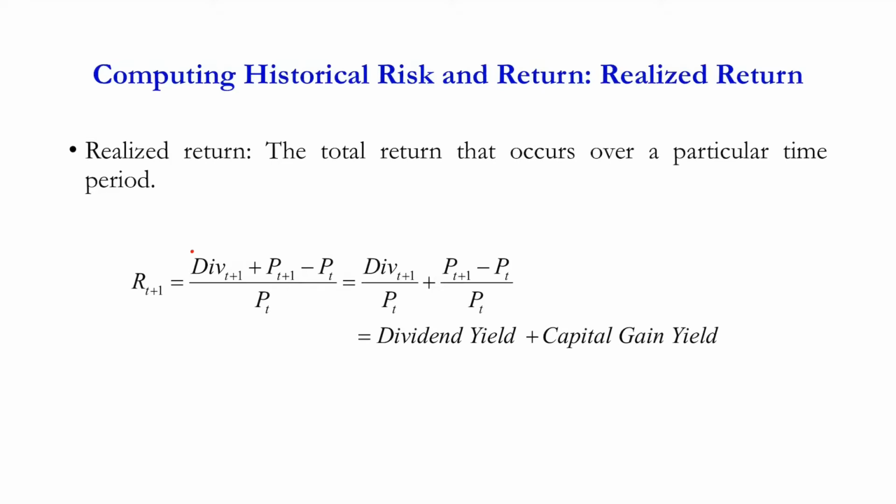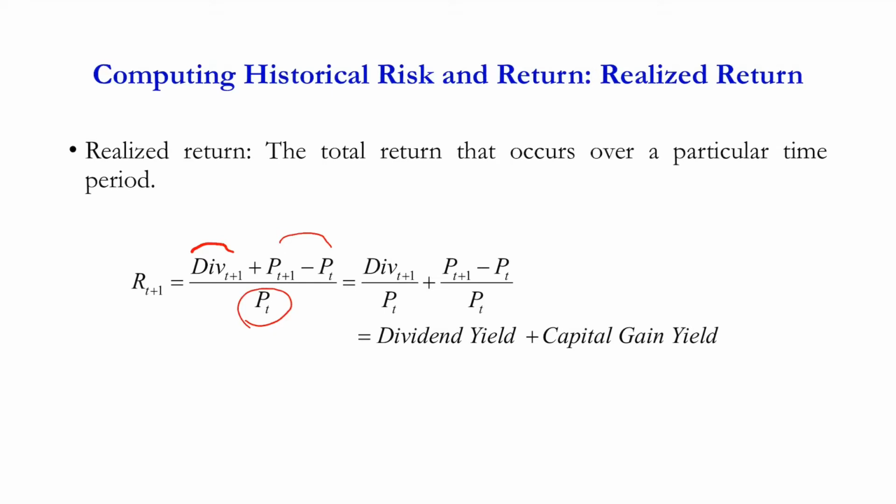From chapter 7, we already know how to calculate the total return, or the realized return, for a stock. We said that the total return would be the dividend that we get over a year or over a period of time, plus the difference between the selling price and the purchasing price, all over the purchasing price, or our initial investment.